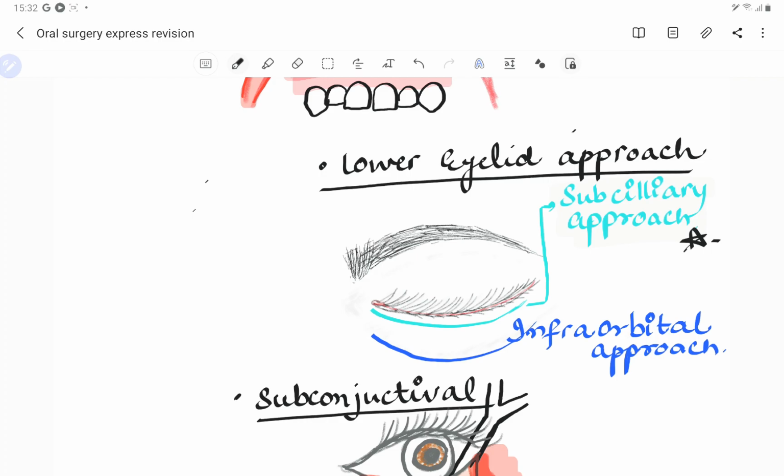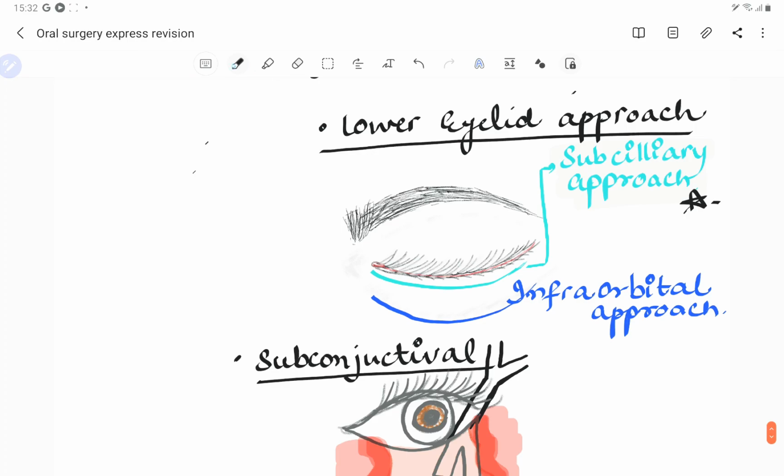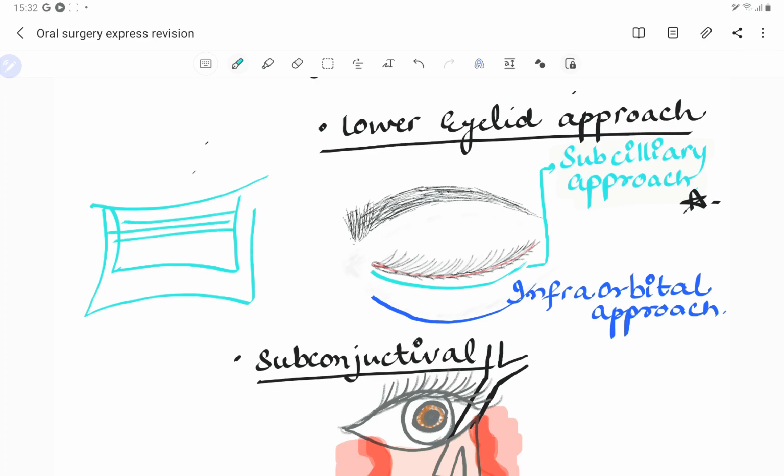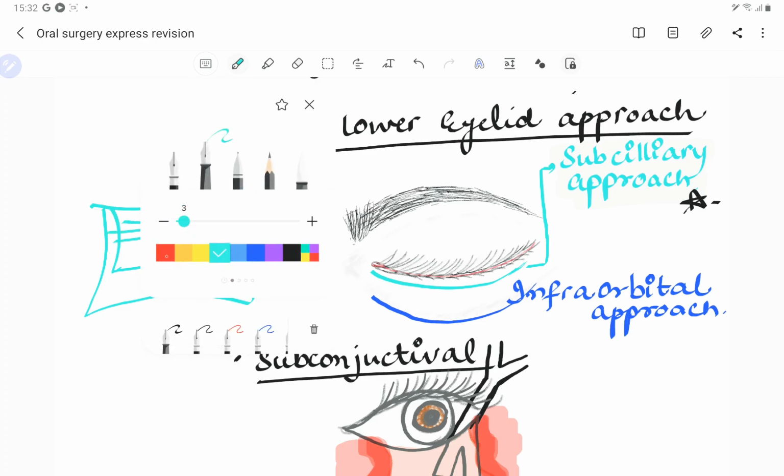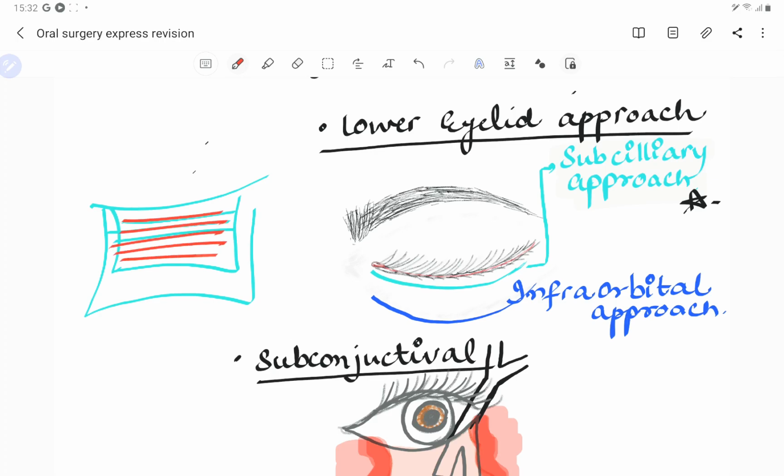We put an incision parallel to the ciliary margin, and once you make this incision and retract the lower eyelid, you will see the fibers of the orbicularis oculi muscle. Sorry, I said orbicularis oris, but orbicularis oculi, we are talking about the eye.